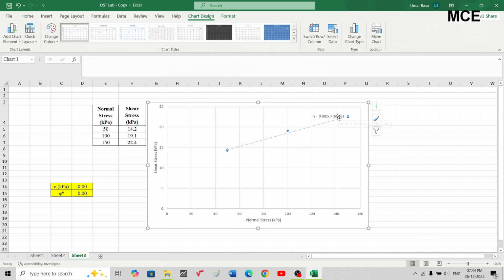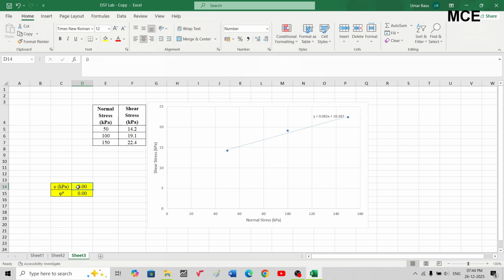Okay, so we can see this is y equal to mx plus c. The intercept is 10.367, so simply you can say that the cohesion for this is 10.367 kilopascal or 10.4 kilopascal, and for phi you have to take tan inverse of 0.082.